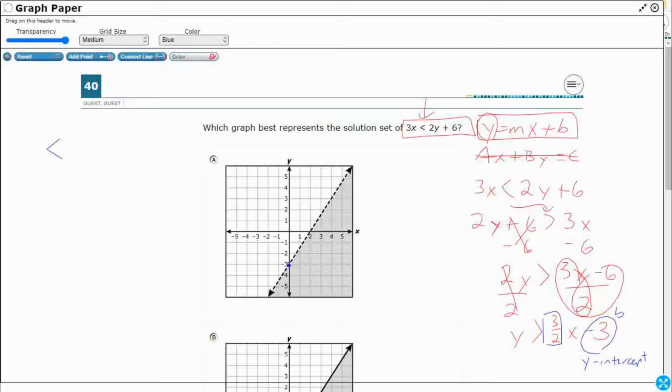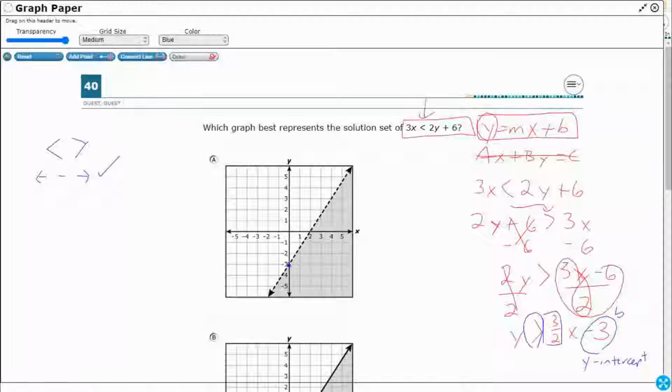Is it dashed or dotted? Okay. So if it is going to be a greater than or less than, then you can use a dashed or dotted, I've heard it both ways, line. And so since this is a greater than symbol, we are going to use a dashed or dotted line.